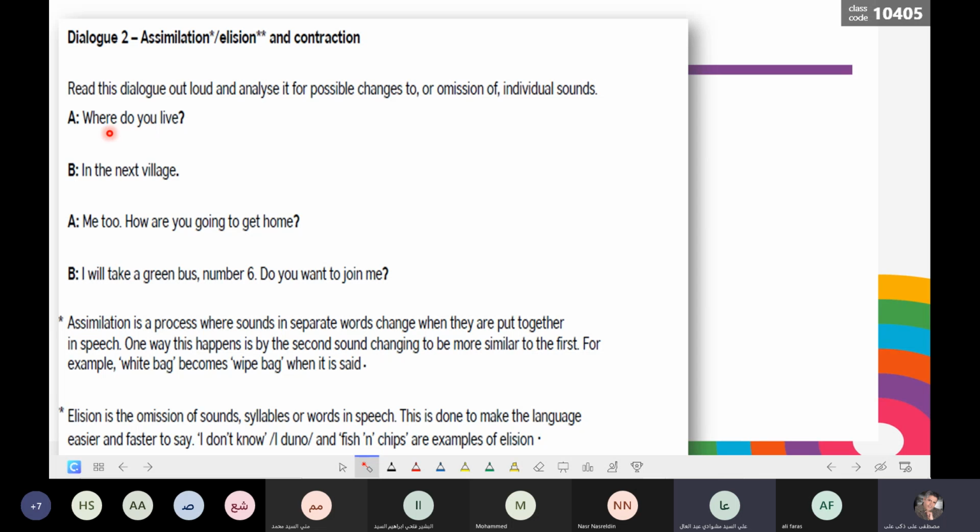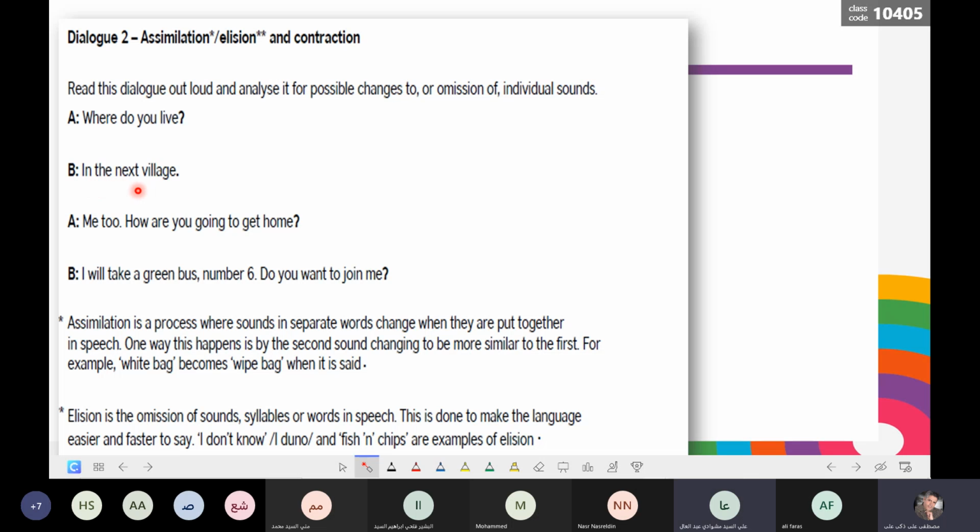Okay. So let me adjust it. Sorry. Do you live? Okay, and what is the case? Is it assimilation, elision, or contraction here? Of course, it's not contraction. I think it is assimilation. Okay, and what happens in sentence B?